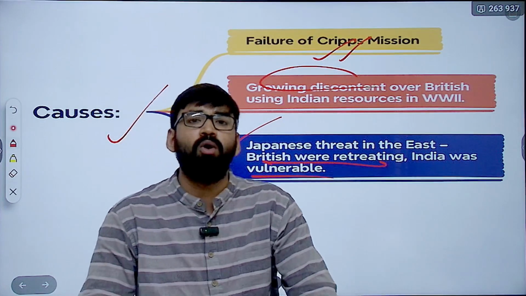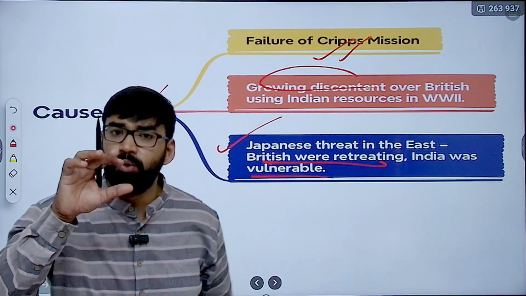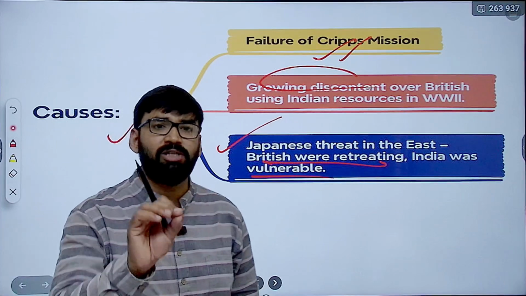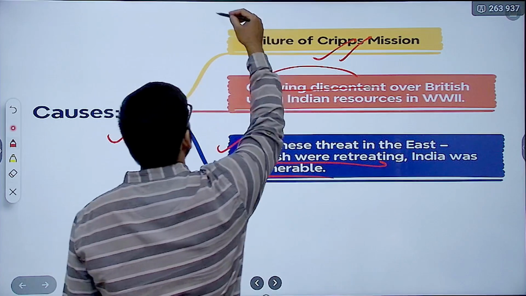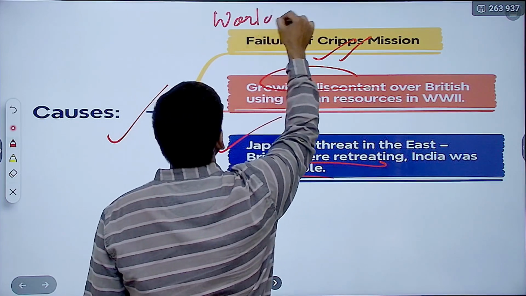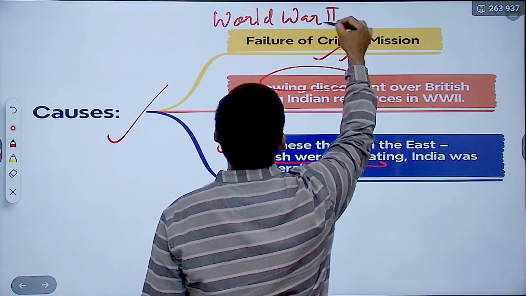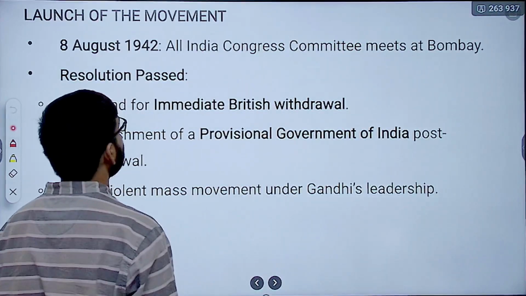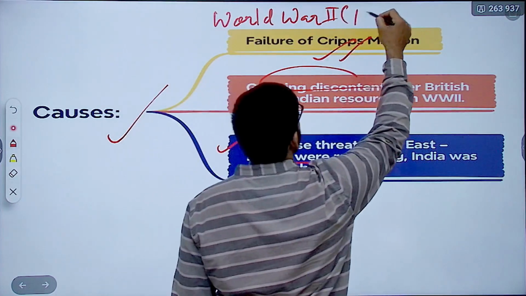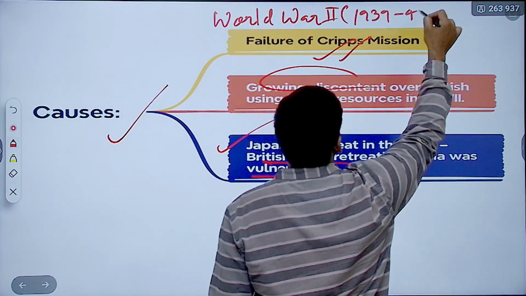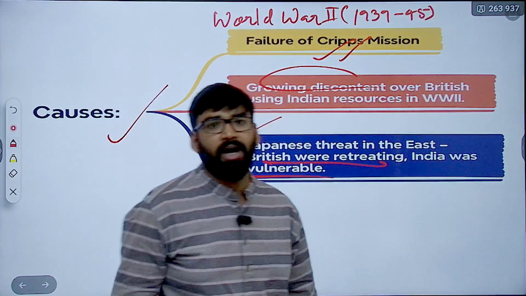So what is the context, the prelude to the Quit India movement? The first background, if we look on the basis of chronology, is World War II. This is the most important thing. World War II started in 1939 and lasted till 1945.